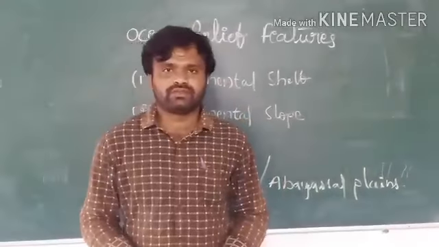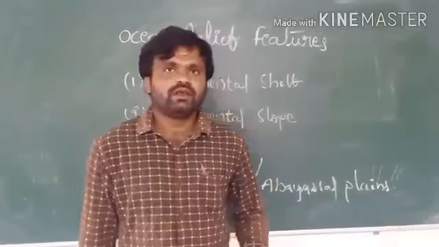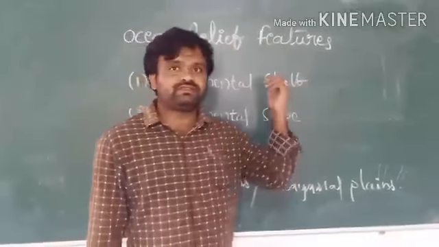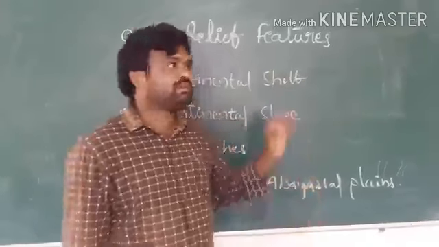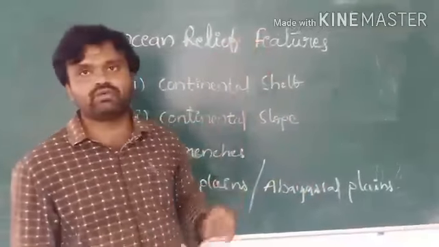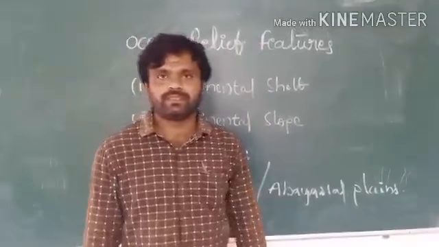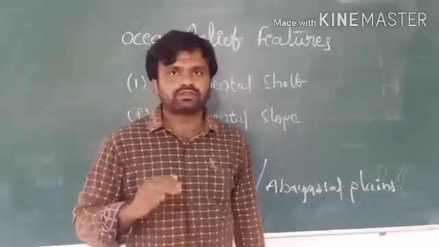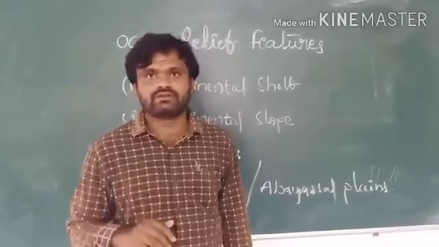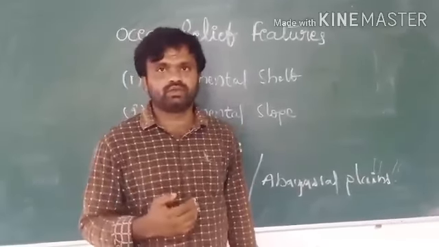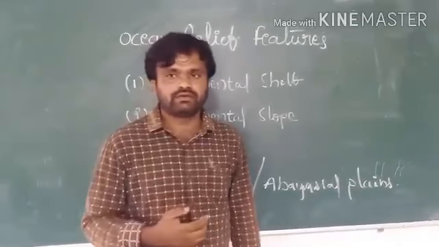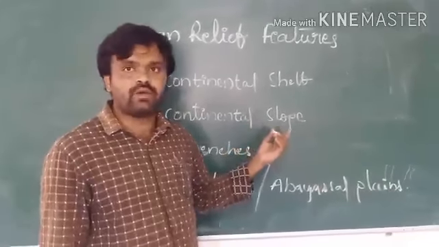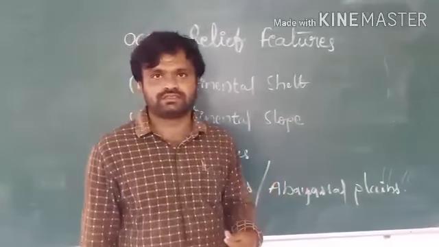Today, we are going to learn about the ocean relief features. Relief means physical features of the oceans. The surface of the sea looks like flattened ground, but the ocean floor looks like our Earth's surface.